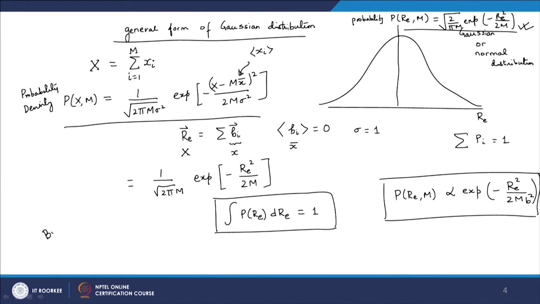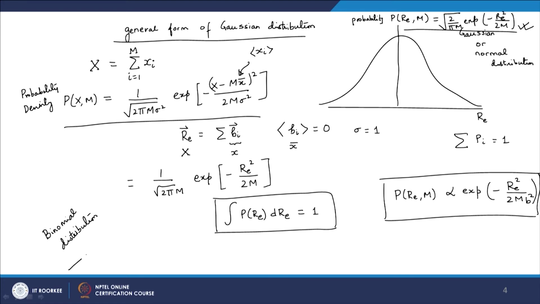And essentially what we are able to show is, if I look at the random walk problem, what we actually got is known as the binomial distribution, and the same thing that you get if you think of the coin toss problem.